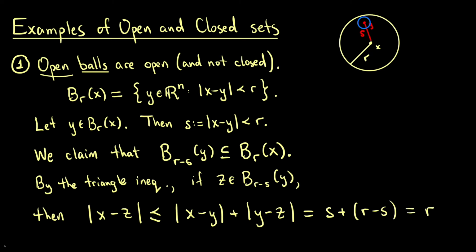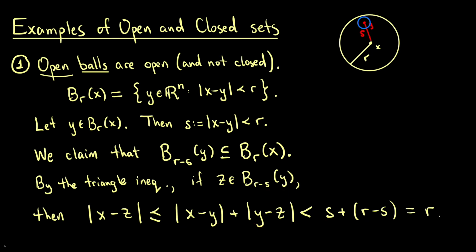Now, I didn't quite write these inequalities correctly, because this is not an equality, this is a strict inequality. There we go. I needed this to be strictly less than r, so I was worried for a second. But this one equals s, and this one, y minus z, is less than r minus s, because that's what it means to be in the open ball.